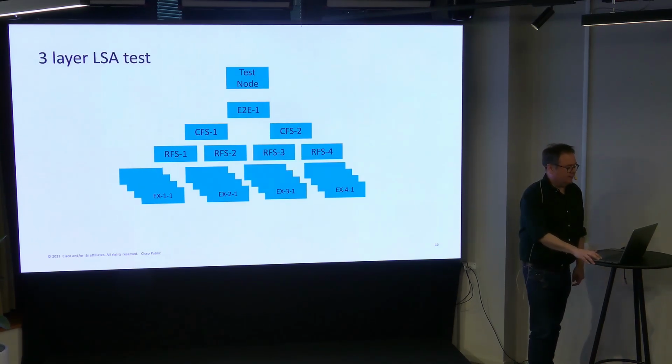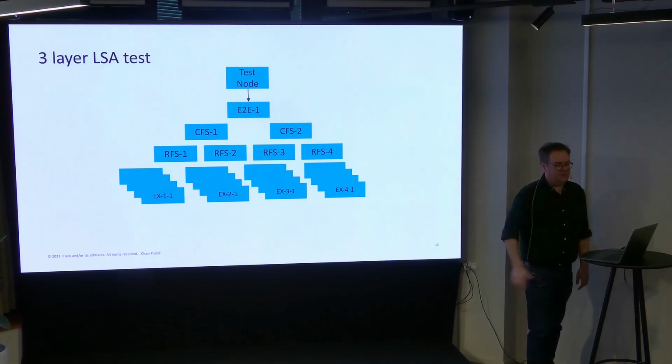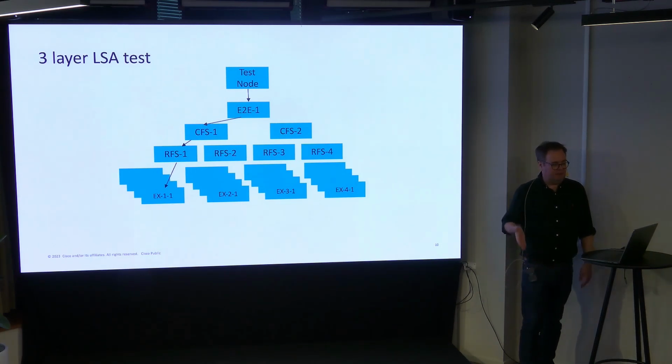So looking at this, this is what it will look like. We will add configuration via RESTconf, and then we will get the reply for that. And the E2E node will, via the template, add configuration to the CFS node, and then to the RFS node, and then device config will be added to the device.